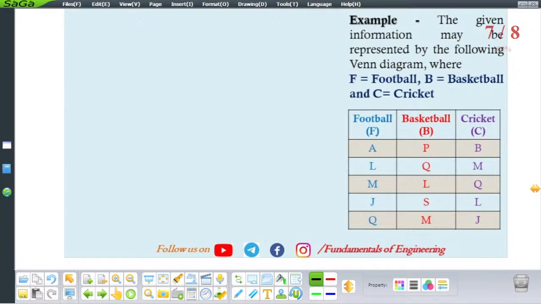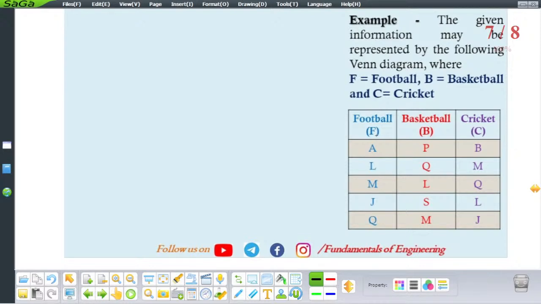Then the second circle is for basketball. Then the third circle represents the persons who like to play cricket, right?